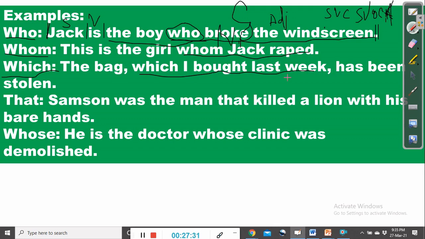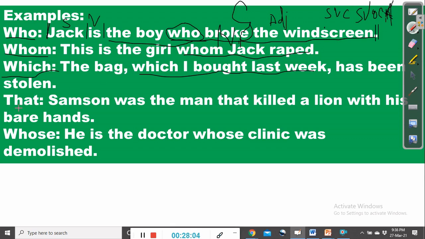So in other words, the bag has been stolen. That's exactly what the speaker wants to say. And of course, if someone wants to know more, to get extra information about the bag he's talking about, then he can say the one I bought last week. Well, the bag has been stolen. By the way, that was the bag I bought last week. All right.